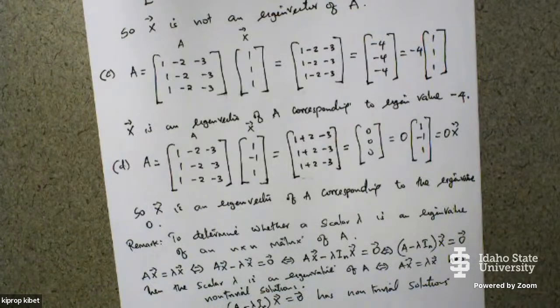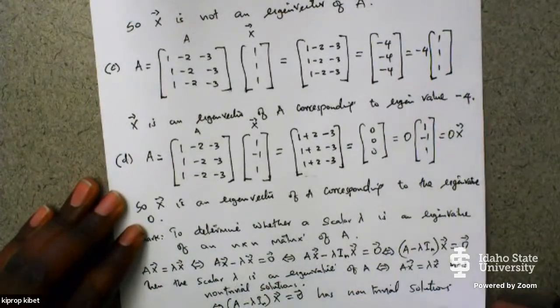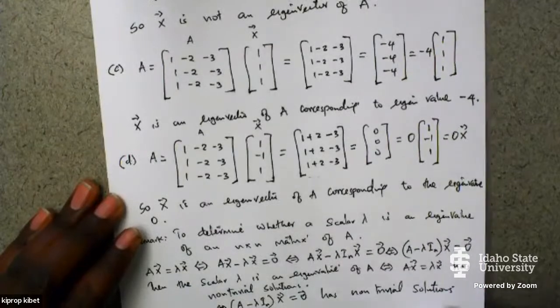So it should not give us trivial solutions. For example, example number 1. Example number 2.